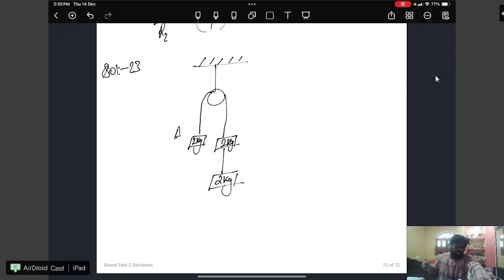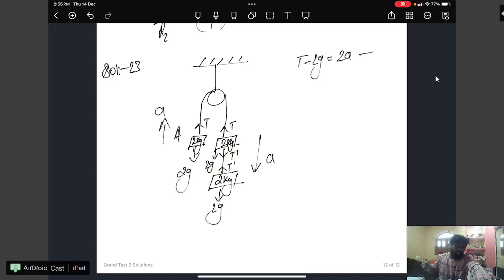Now this side is 4 kg, so the net acceleration will be in this direction. Here T, here T dash, here T dash, here T, and weights 2g each. For net acceleration, from point A we can say T minus 2g equals mass into acceleration, equation number 1.